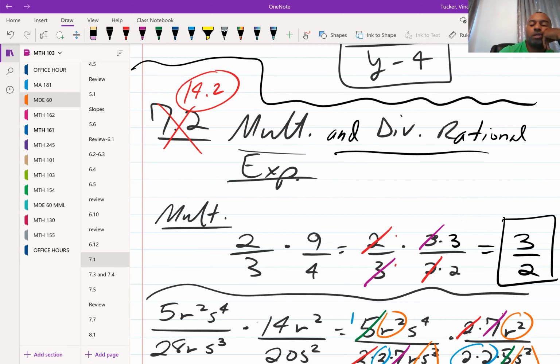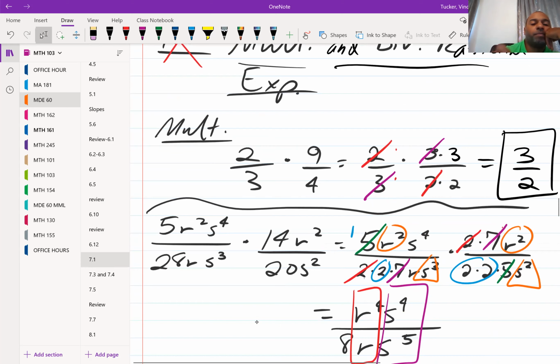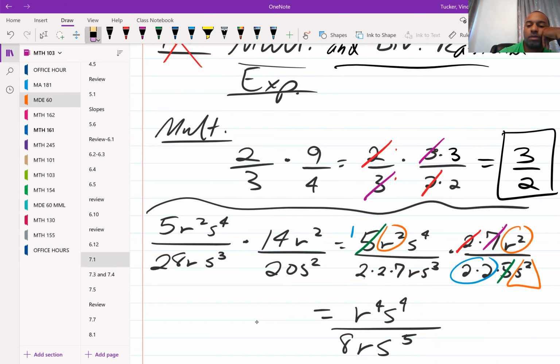All right, let's look at another one. We have 5r squared s to the fourth over 28r s cubed, times 14r squared over 20s squared.